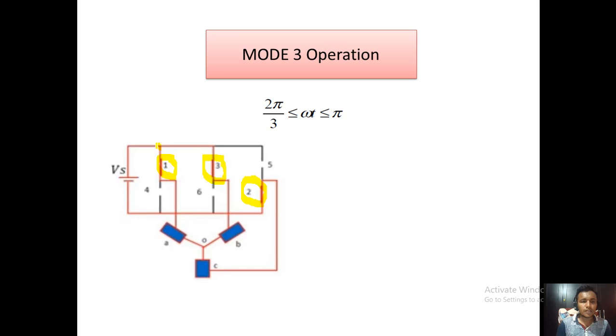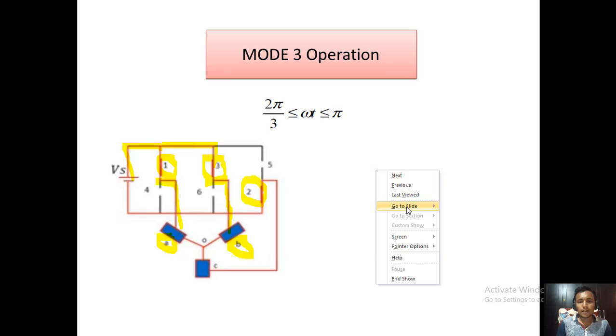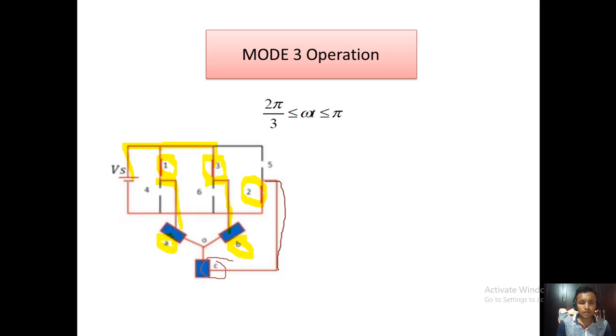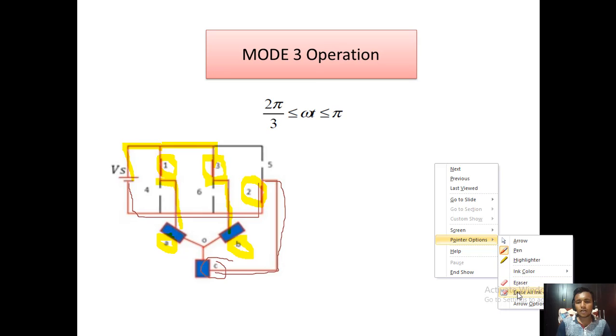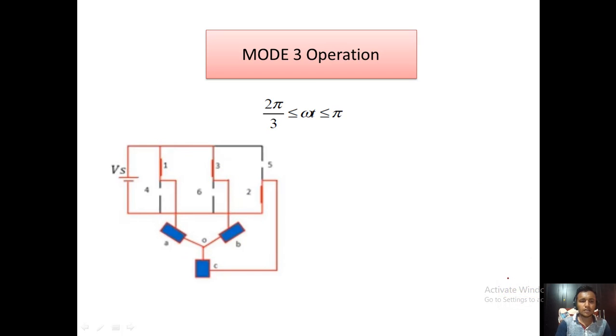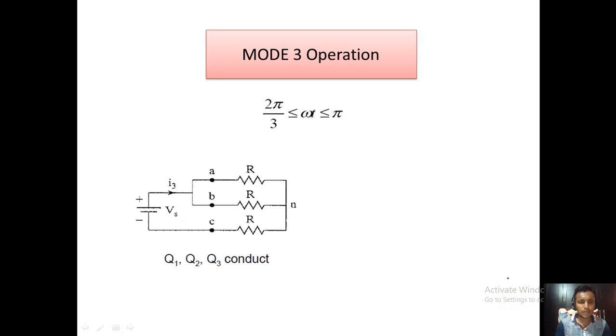So thyristors 1 and 3 are connected to the positive terminal, that means terminal A and terminal B are connected to the positive supply, and terminal C, with thyristor 2, is connected to the negative supply. Now if we draw the equivalent circuit, it is like this.